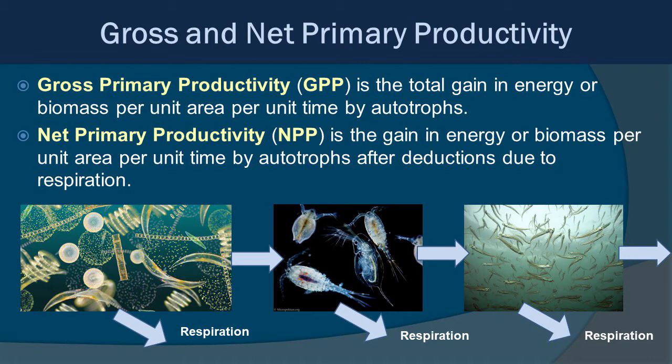Now, in this diagram I've set up here for you, you've got phytoplankton. Obviously, they're primary producers, right? They are going through photosynthesis, they're creating glucose, they're adding biomass, but some of that is taken away through respiration and it's lost to the system. And whatever's left over is available to the next trophic level, which in this case would be other zooplankton like copepods. Now, we are talking primary productivity.